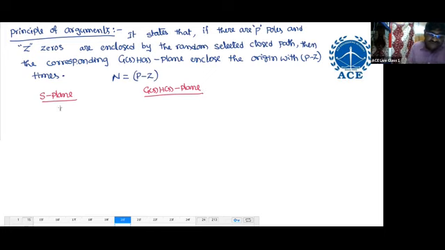Now, in the S plane, I'll take one pole. Or you take GH, for example.